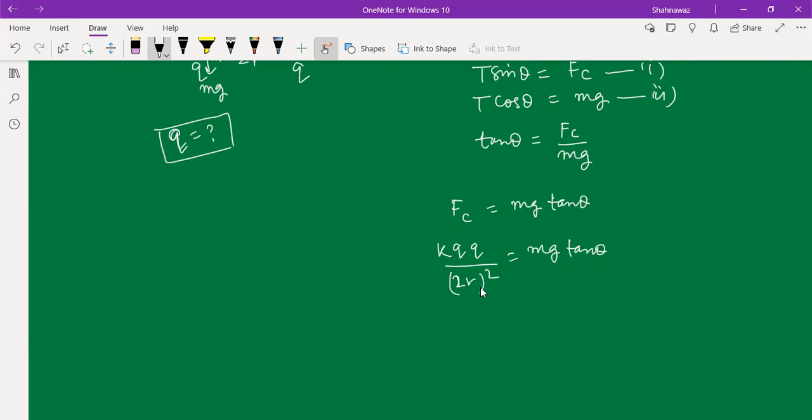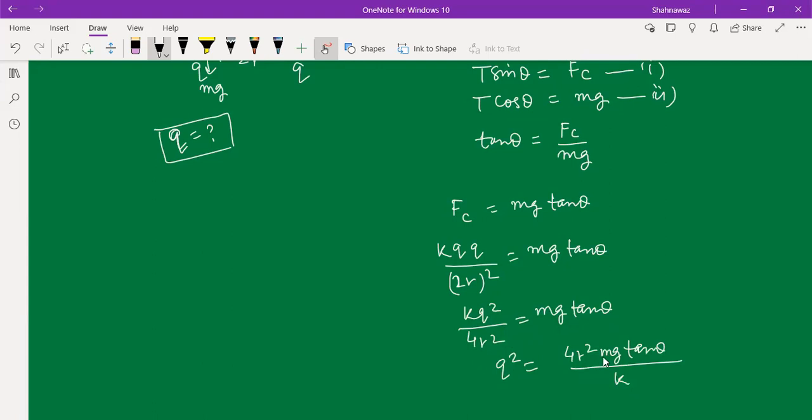So this is KQ square by 4R square equals mg tan theta. So Q square we want to calculate. This is 4R square mg tan theta by K.